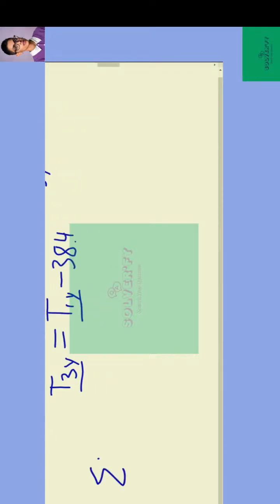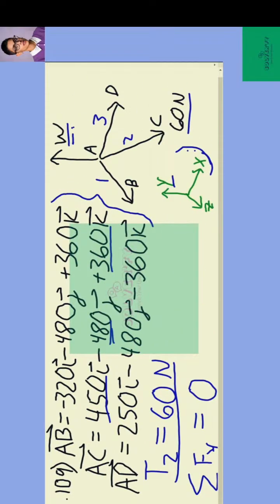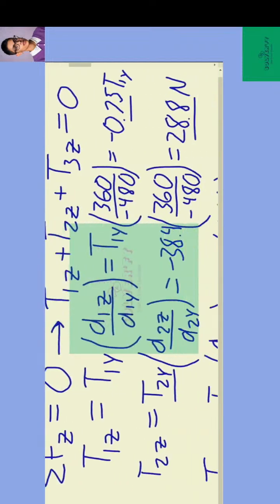So now let's consider the forces in the last direction. We haven't yet checked the x direction. Sum of the forces, again, is 0, of course. And which forces are acting in the x direction? We will have the x component of each of the three cables. And again, we will not have our W force because that is only acting in the y direction.